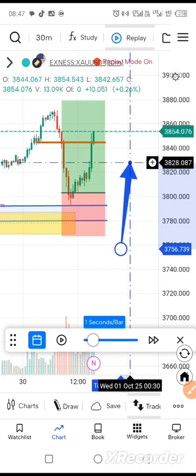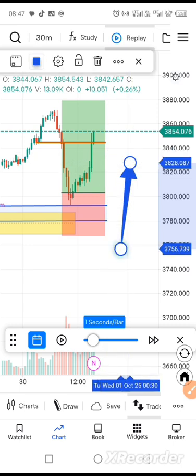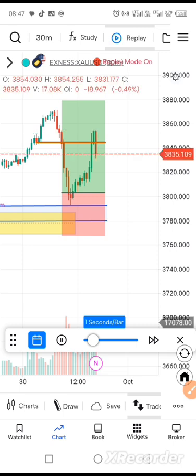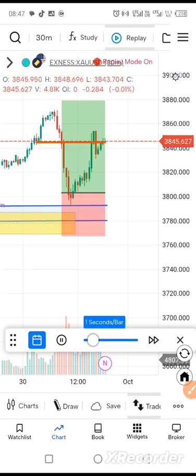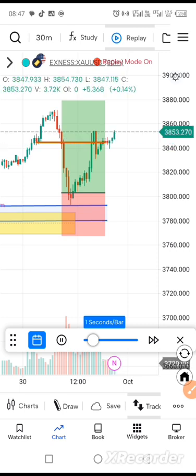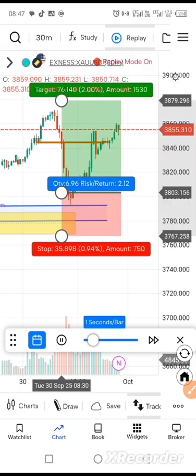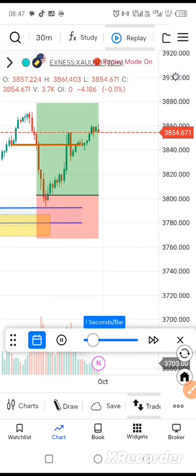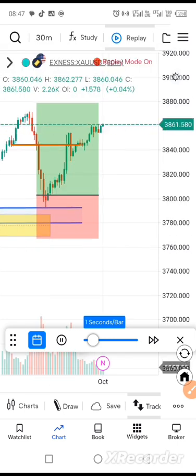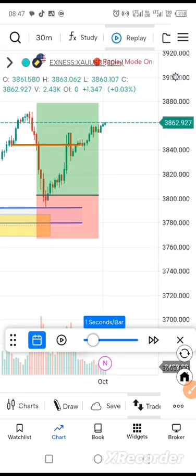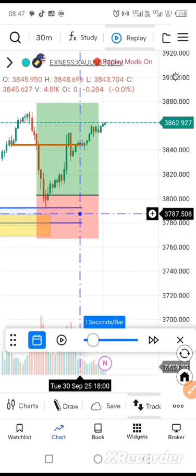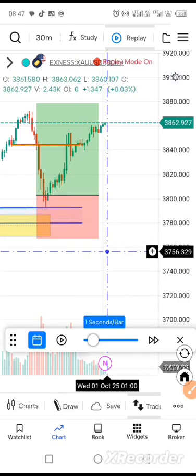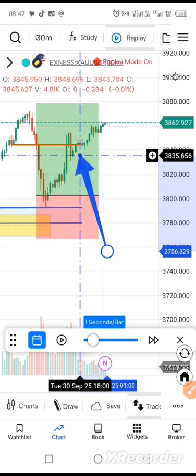So let's see what is going to happen. Just like I said, boom, back down, and you can see how it's reacting around that point. And let's see, it has broken structure, giving a good structure around this level.